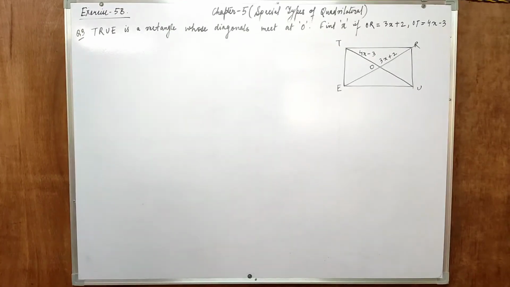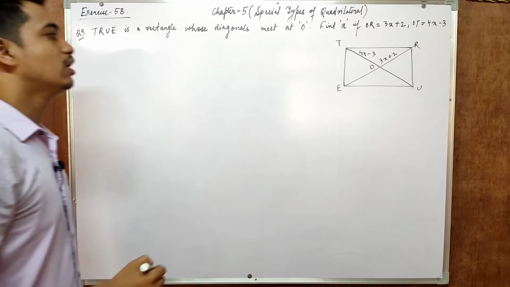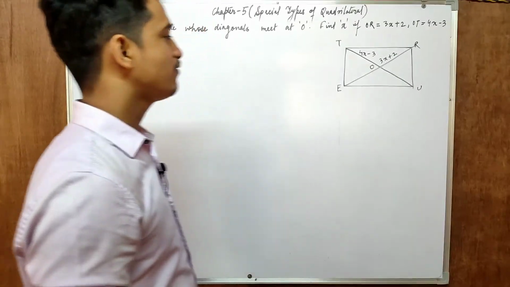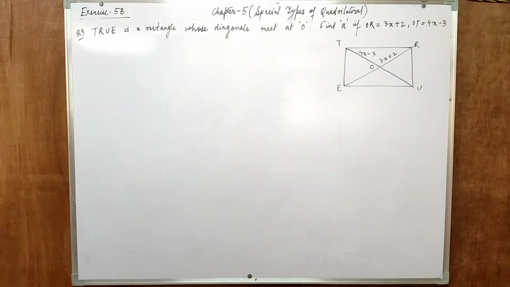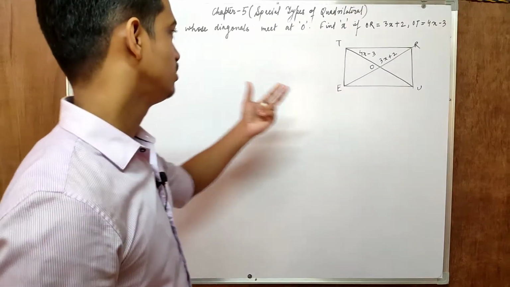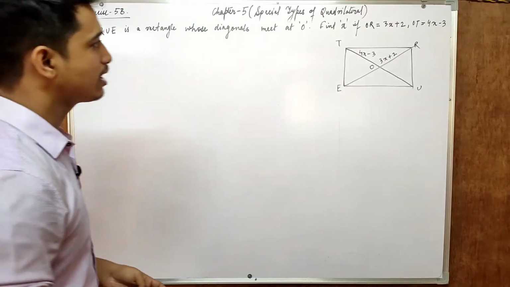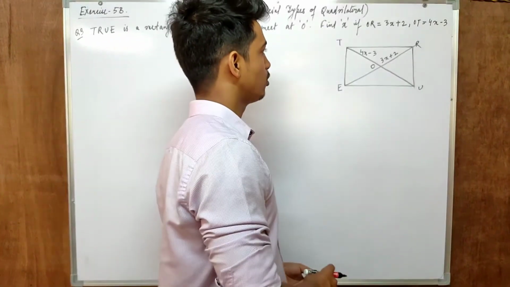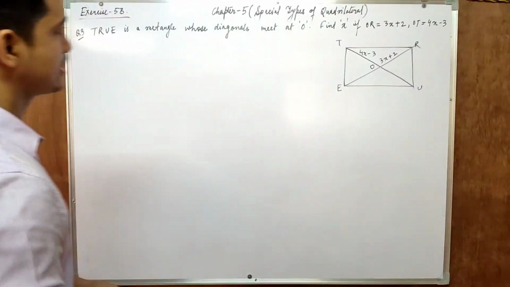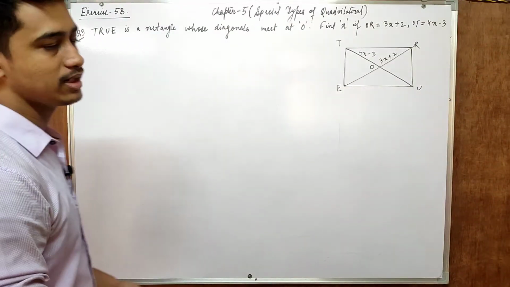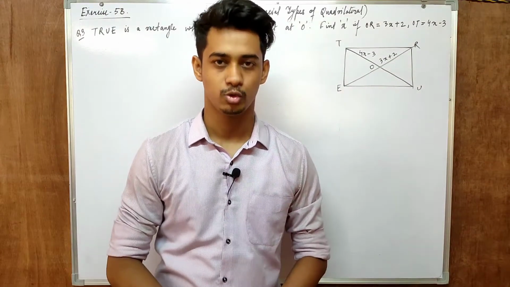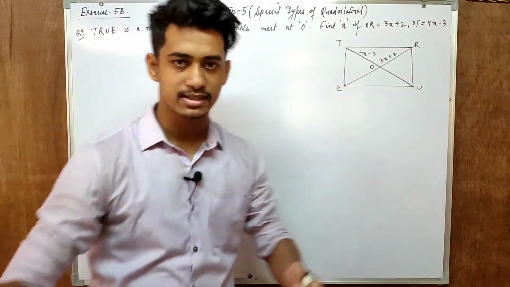That is given, so we have to find the value of x. How do we find it? Some values are given, that is OR, 3x plus 2, and OT, 4x minus 3. Try to think how to solve this question. Now let's see how to solve it.